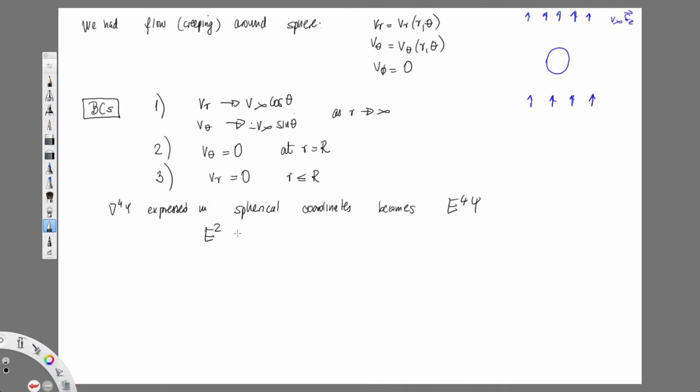And E squared is partial squared over partial r squared plus sine theta over r squared, partial over partial theta. So this is the operator that I have to apply twice.